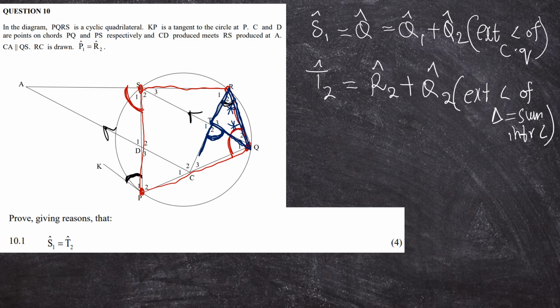Exterior angle of that small triangle there, the one in blue, T2 is an exterior angle, equal to the sum of the two opposite interior angles, that is the same as R2 plus Q2.